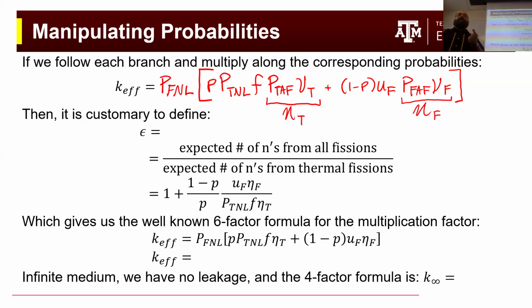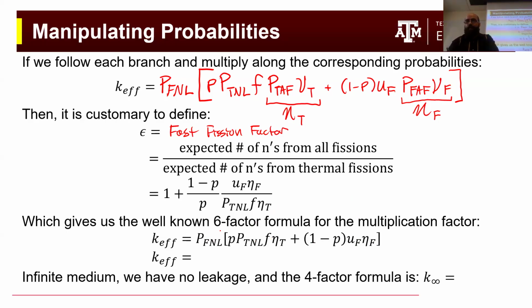So we define epsilon, which is called the fast fission factor. It is defined so that we can make these substitutions into our six-factor formula and get one equation.